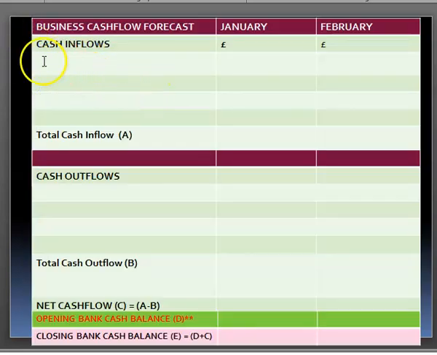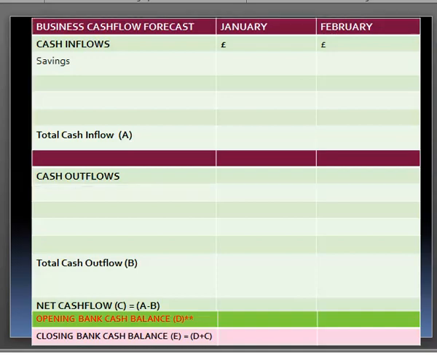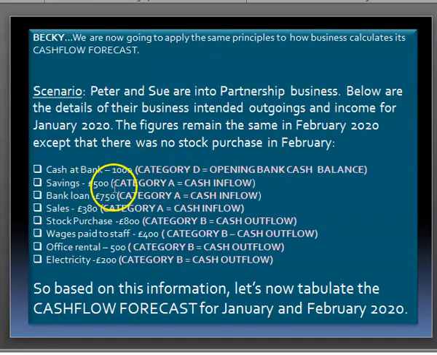Now let's go into this. We're going to categorize. What are the cash inflows, which is category A? Number one, they have savings of £500.